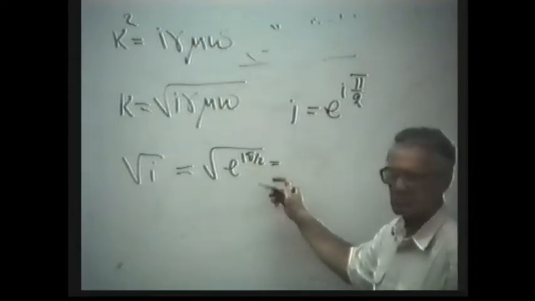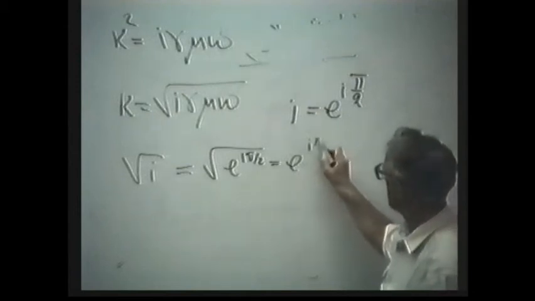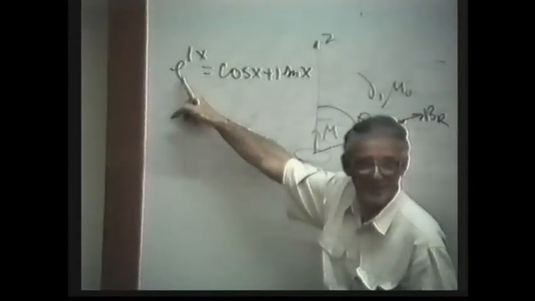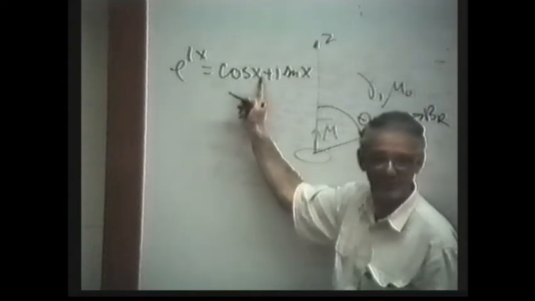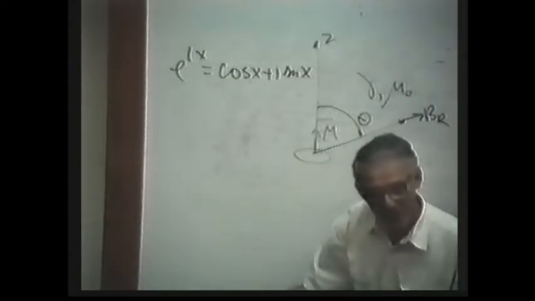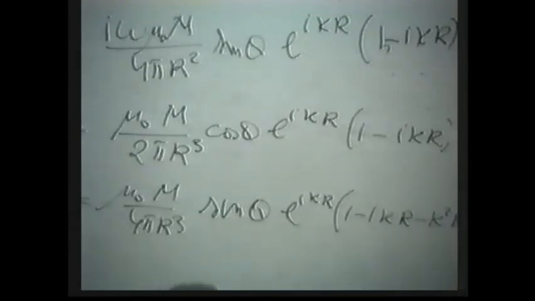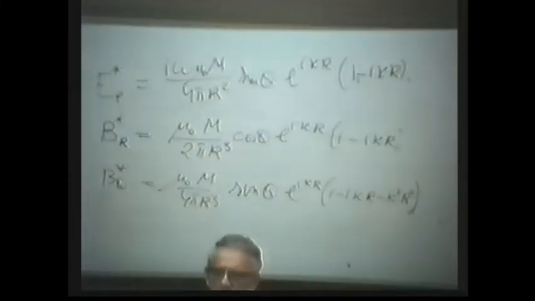Now, therefore, we can write e to the i pi over 2. What is e to the i pi over 4? Quickly back here. e to the i pi over 4 equals cosine pi over 4 plus i sine pi over 4. What is cosine pi over 4?